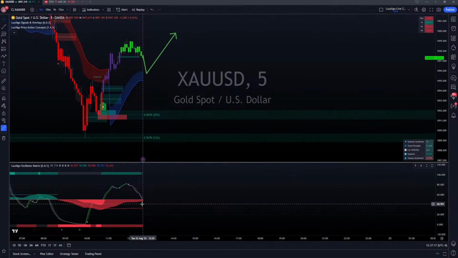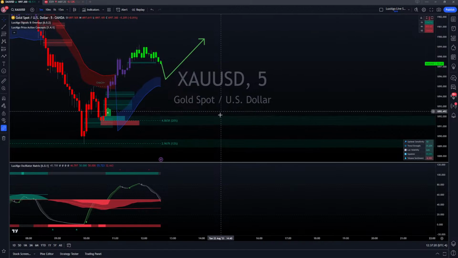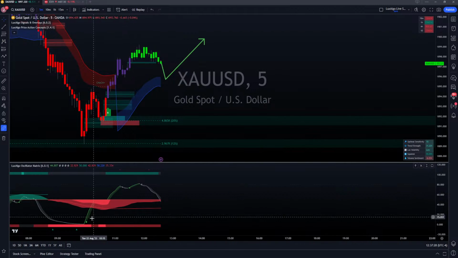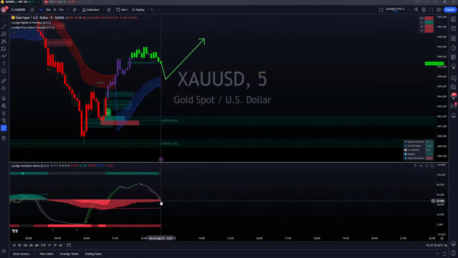The oscillator is already setting up nicely as it approaches the median, the 50 level. But again, if we get that bullish cross like these green ones here, right above that 50 level, and then the money flow turns bullish after a reaction off the smart trail, then that's enough confluence to say, hey, this is worth an opportunity here.